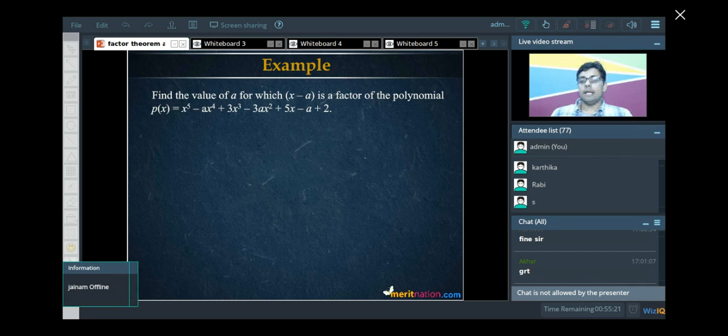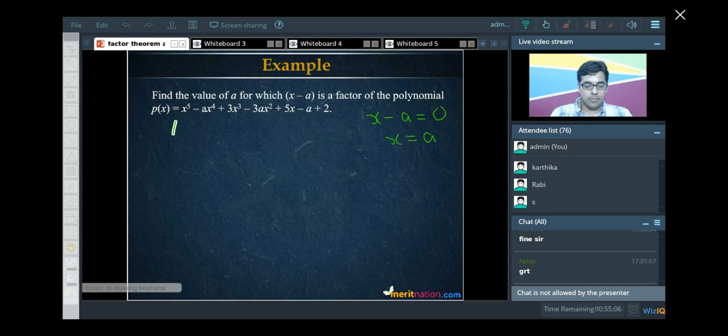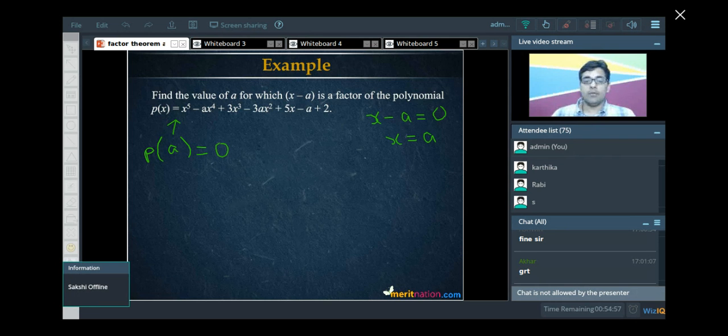Here we have the linear polynomial as divisor. It is given as x minus a. Putting x minus a as 0, the value of x becomes a. Now substituting this value of x as a in the given polynomial, it would become p of a equals 0, by using the factor theorem, because it is given that x minus a is a factor of this given polynomial.